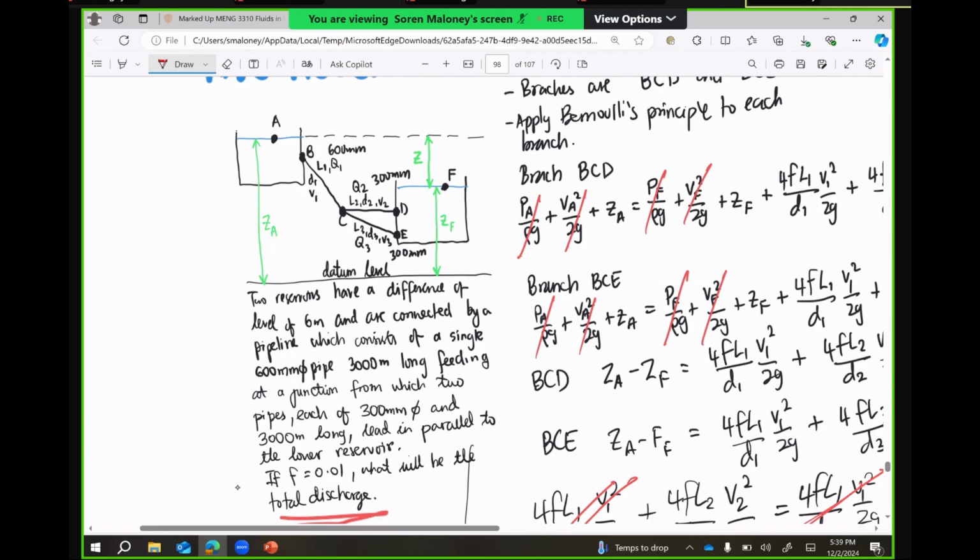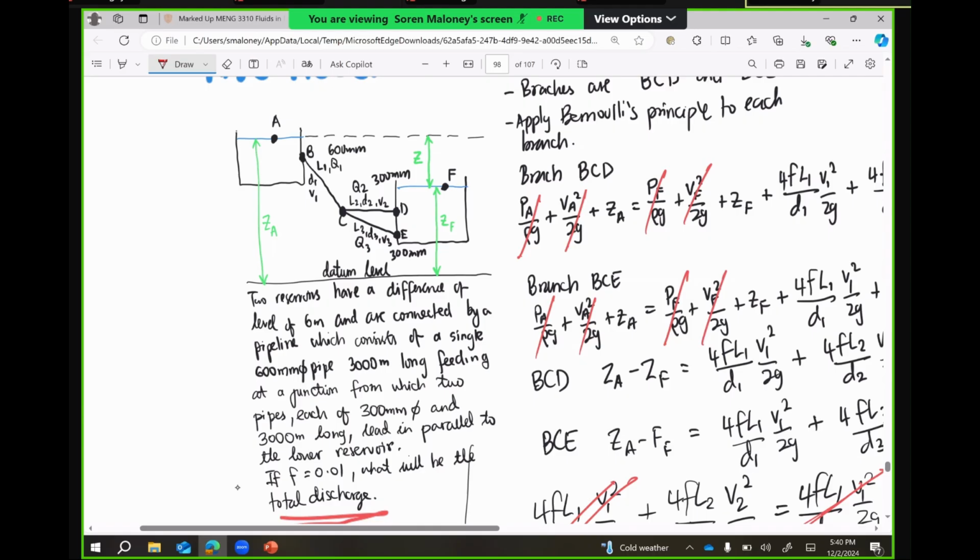So what does that mean? It doesn't mean that they're literally running in parallel. It simply means that they start and end at the same place, and the head loss between those two points is going to be the same.